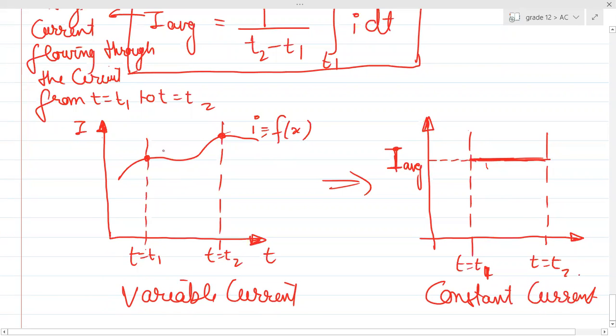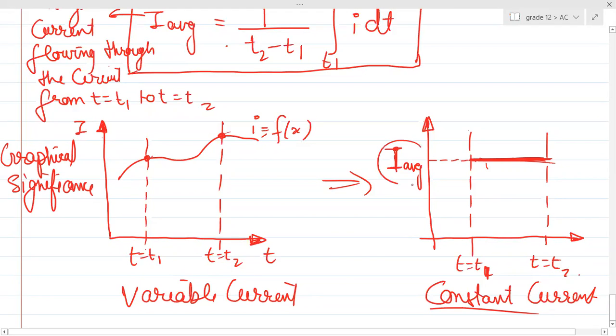In between, the current which was varying, you took an average value over this time interval and made it a constant current. So this is the graphical significance of this particular thing. I'll write it in words. What exactly did I do? I converted this variable current to constant current by using the concept of average current.